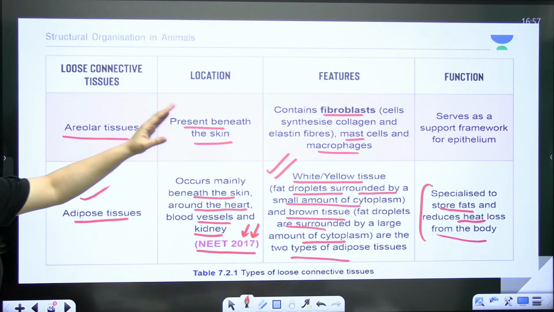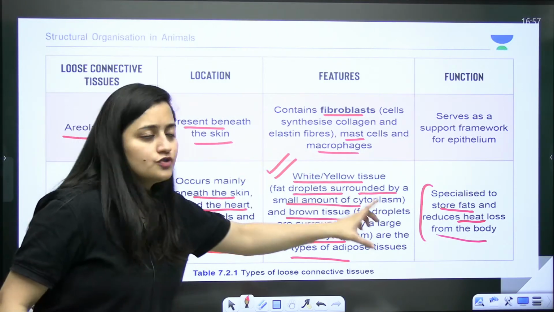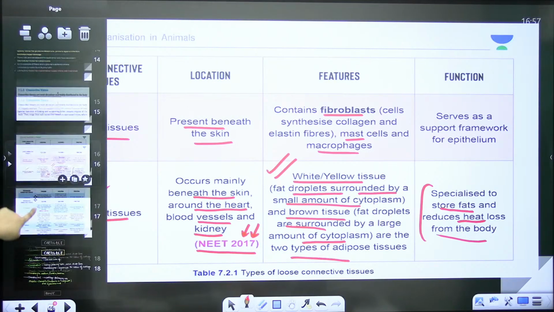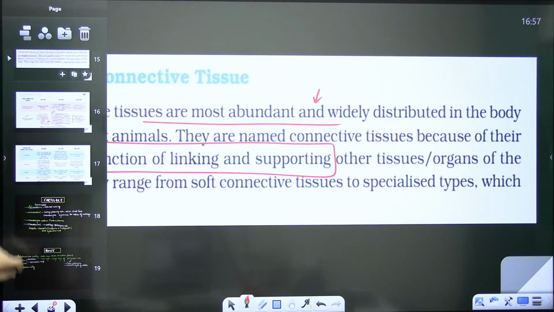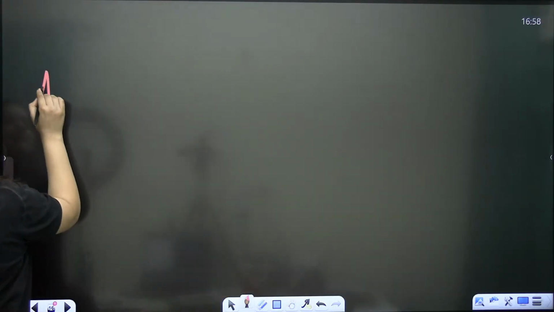Areolar tissue acts as a support framework for the epithelium. Adipose tissue reduces heat loss and acts like an insulating layer. These are the two types of loose connective tissue. Any other doubt?